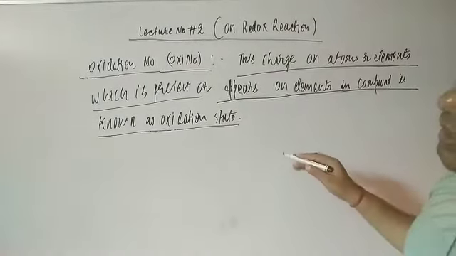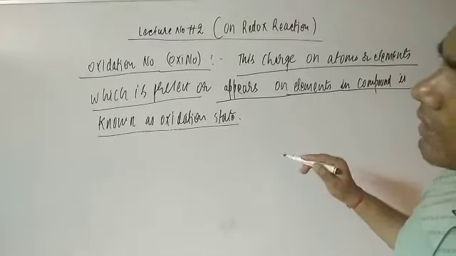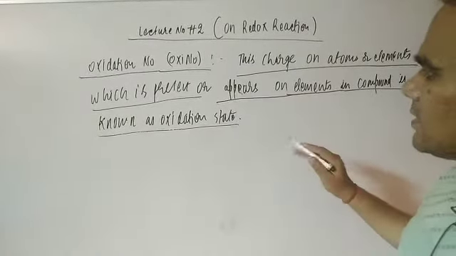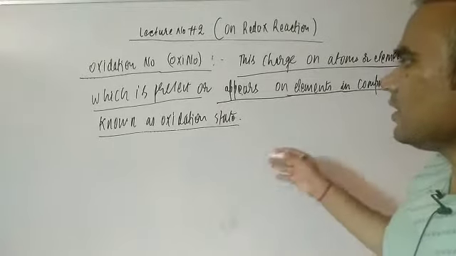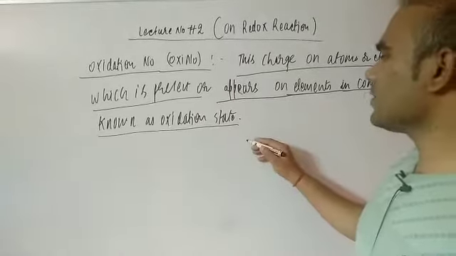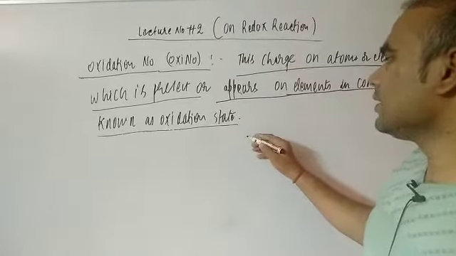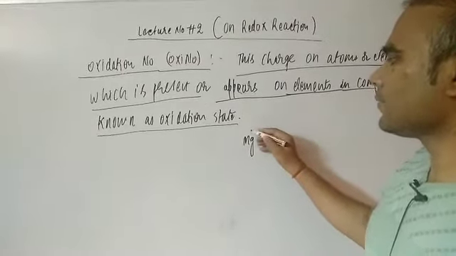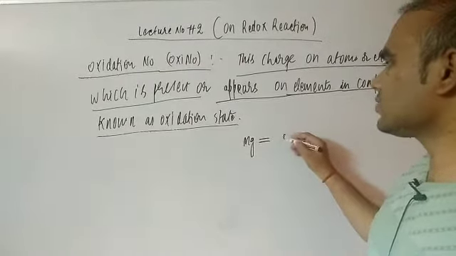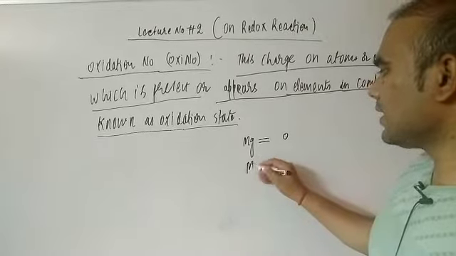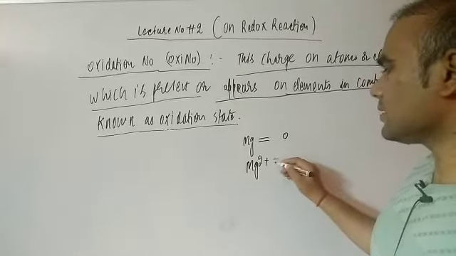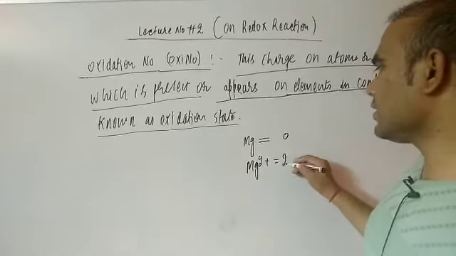When we talk about the oxidation number or oxidation state, suppose with the help of an example, you see, if I am having Mg here, there is no charge, so the oxidation number is 0. But in Mg2+ there is a +2 charge, so it is +2.